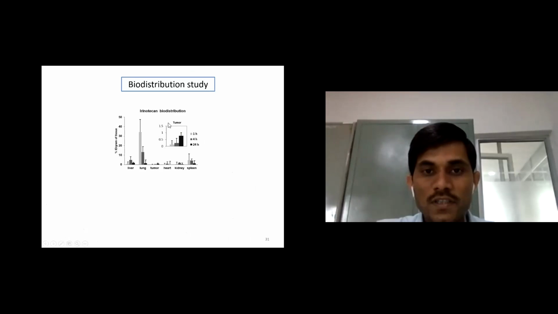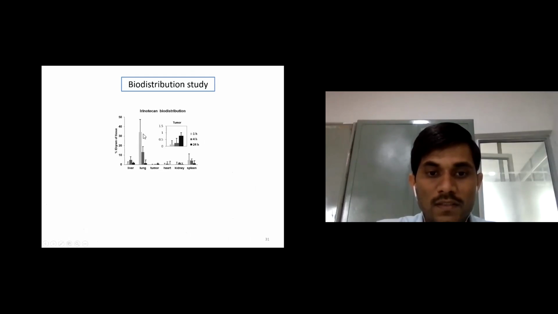Then biodistribution studies of irinotecan were performed with the help of HPLC using a fluorescence detector. Here we have used 3 groups, sacrificed at 1 hour, 4 hours, and 24 hours, and we quantified the concentration of irinotecan in the liver, lungs, tumor, and these different organs.